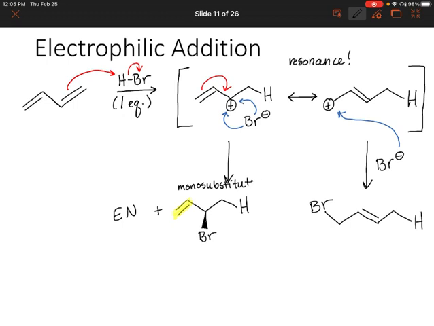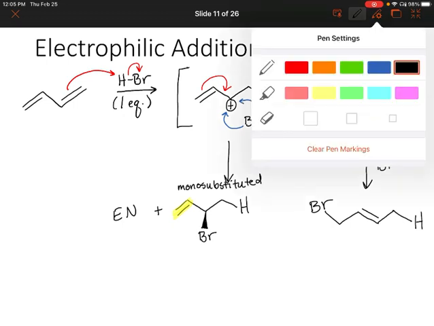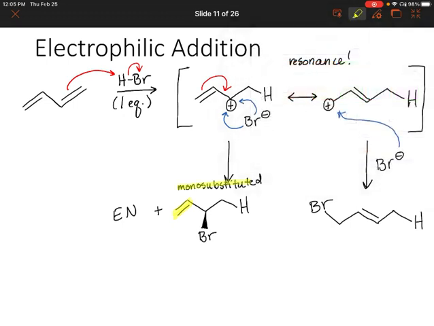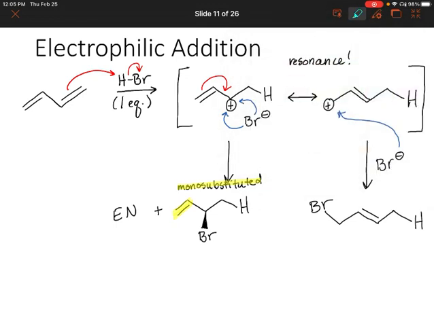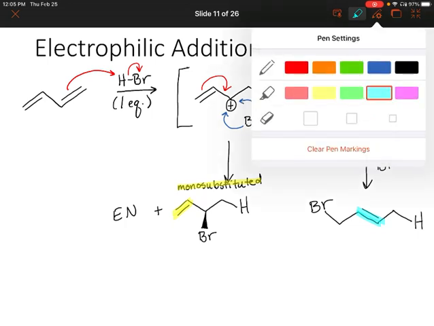So there's only one substituent on that double bond. Then let's look at the double bond in our other product. Is that mono, di, tri, or tetra substituted? Di-substituted, okay.